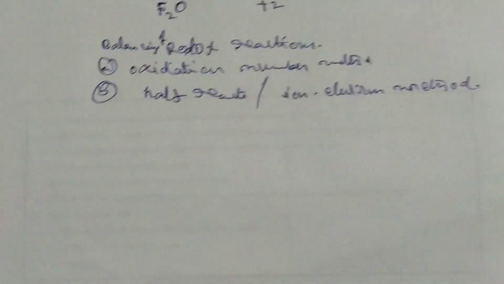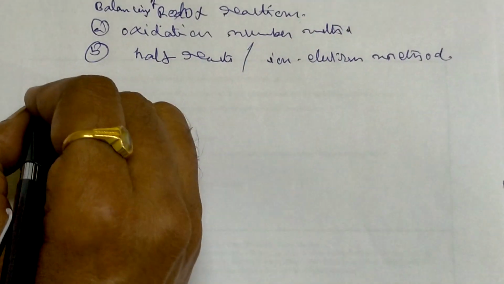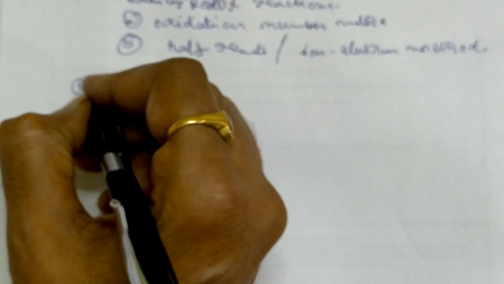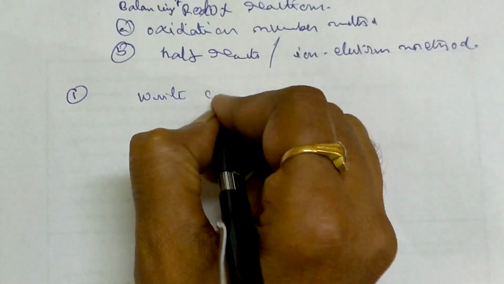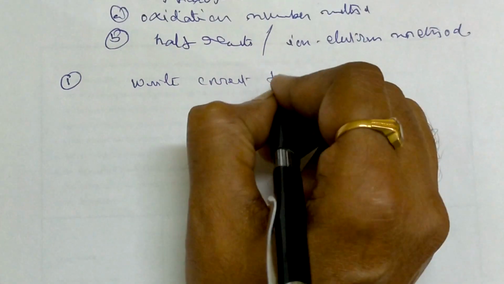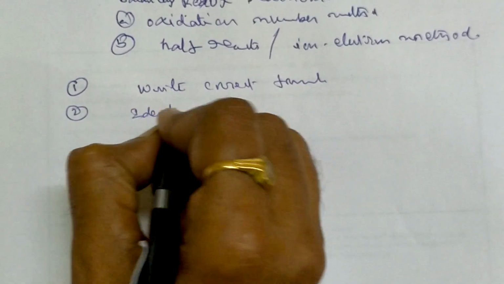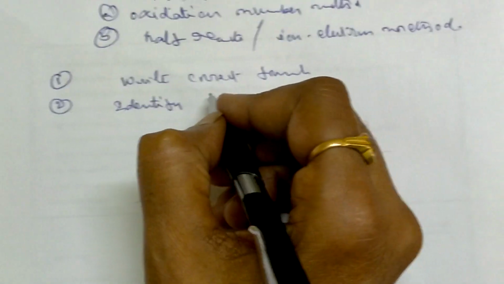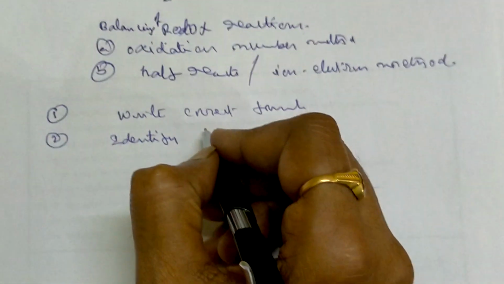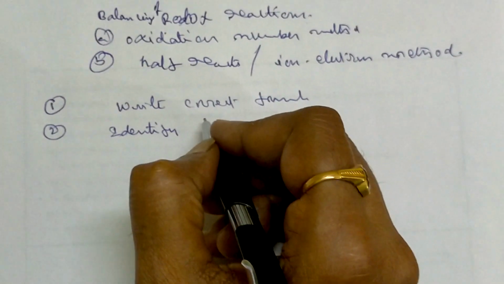See, there are 5 steps in balancing the redox reaction. Step 1 for the balancing: write the correct formula. Then identify the oxidizing and reducing elements, which change oxidation number and reduction number, based on their numbers.